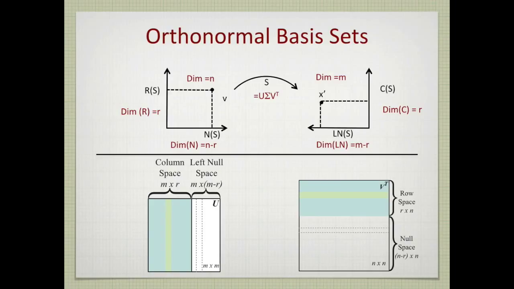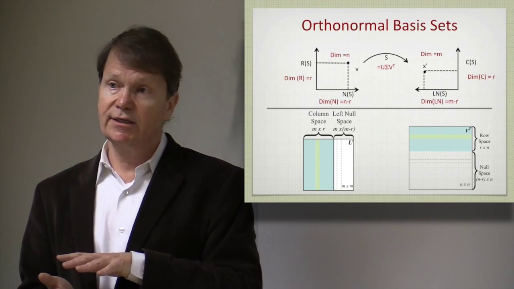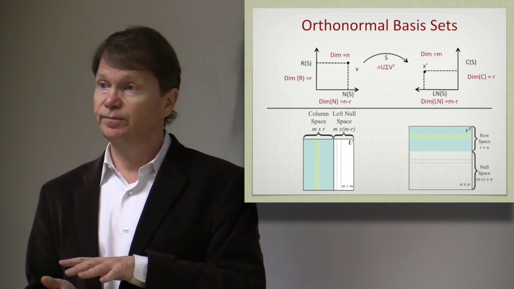And V transposed does the same thing for that n-dimensional space. The first R rows, after I transpose it, have an orthonormal basis vector for the row space, and the remaining n minus R rows give me an orthonormal set of basis vectors for the null space.